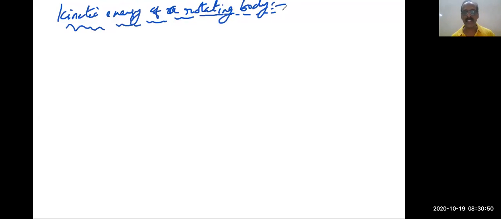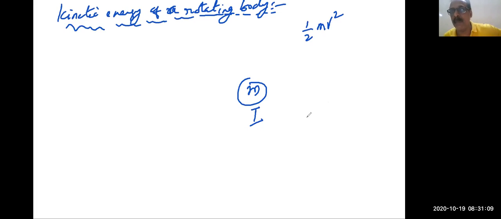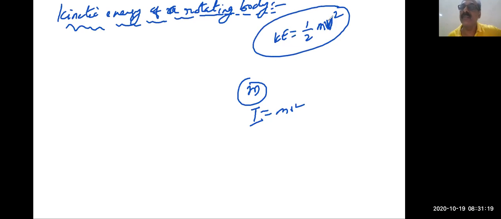What is the kinetic energy of a body traveling along a straight line? Half mv squared. I told you, in linear motion, mass decides inertia. But in rotational motion, moment of inertia decides inertia, mr squared. So in linear motion, the kinetic energy formula is half mv squared.